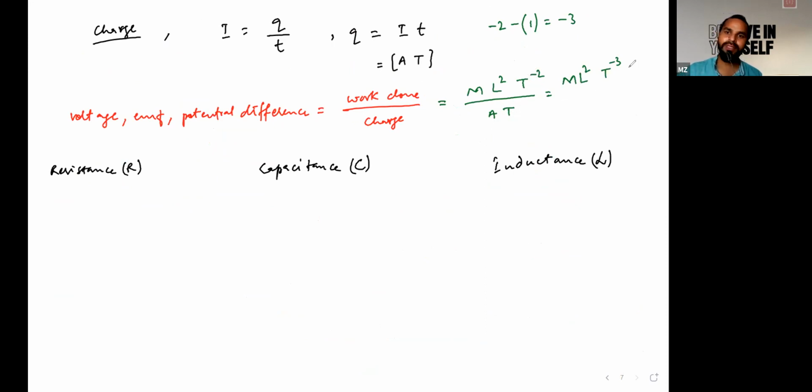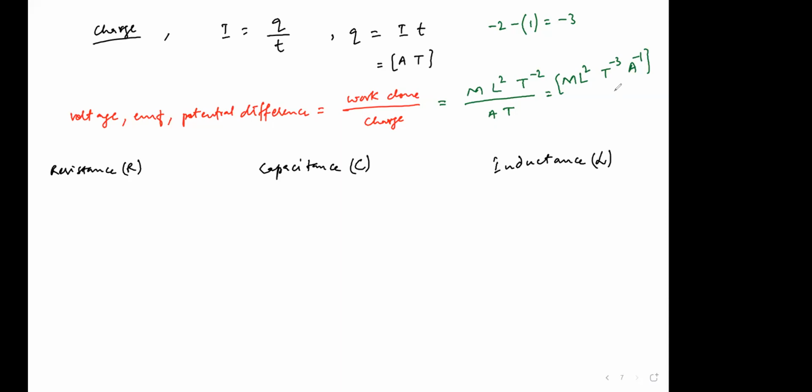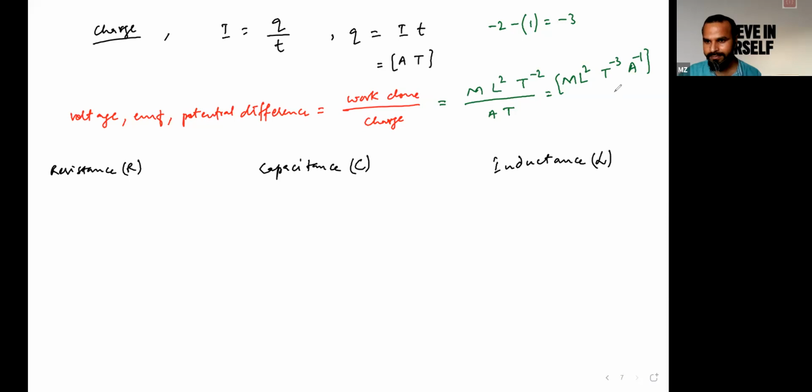On bringing it to the numerator, it becomes A raised to the power minus 1. Is it clear, Alan? Yes. Okay. Ifra, here A is nothing but the dimension of electric current. It is not the same as area.